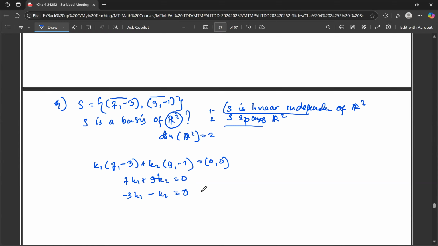What we have here, maybe times 9 here. Times 9 will be 27. Then we have 20 Q1 = 0. So Q1 will be 0. And substituting Q1 into the first or the second, we have Q2 must be 0 also.